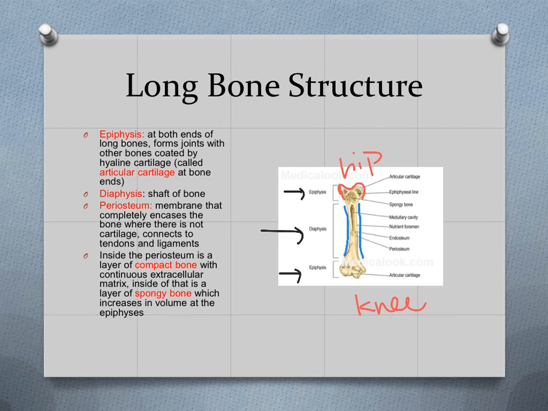Inside of that wrapper is a very, very thick, solid layer of bone called the compact bone, which has almost no space. And then at the ends, we have this area called the spongy bone, which looks just like what you would think a sponge would look like. It has lots of holes, and it's not very dense, and it allows for a lot of volume at the ends without a lot of weight.